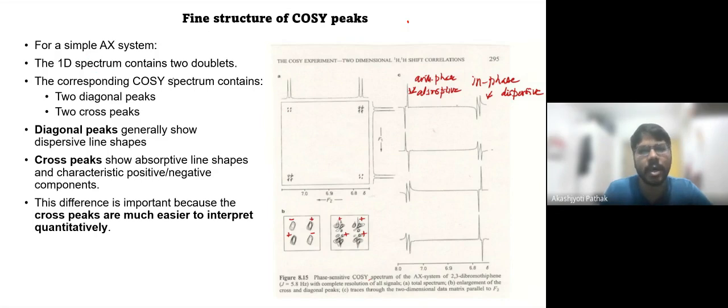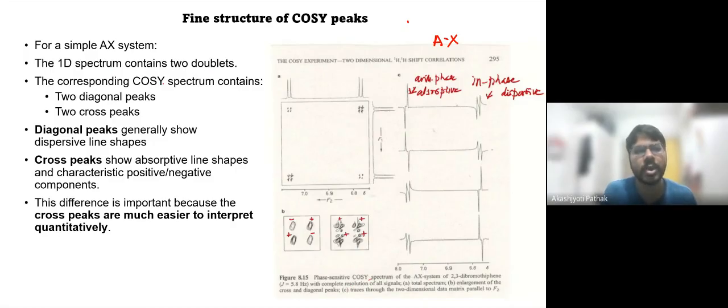So basically, consider an AX spin system. An AX spin system means that A is coupled to X, and X is coupled to A. For A you will have a doublet, and for X also you will have a doublet. Similarly, in the F2 dimension you have a doublet of A and a doublet of X, and in the F1 dimension also you have a doublet of A and a doublet of X. So your 1D spectrum contains two doublets.